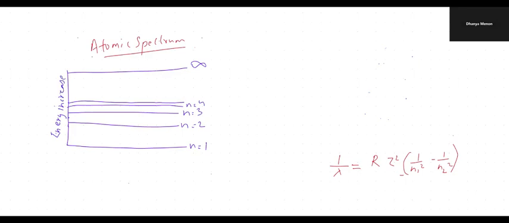Okay. Now, when the electron jumps from n2 to n1, n3 to n1, n4 to n1, etc., from infinity to n1, all of them, whenever the electron is jumping from a higher energy level to n1, okay, we get a spectrum which is called the Lyman series.